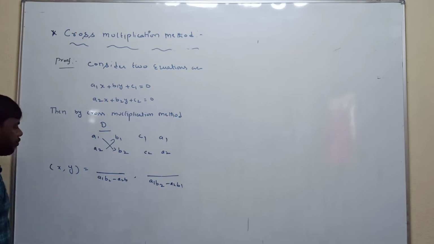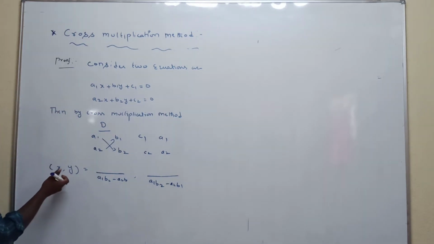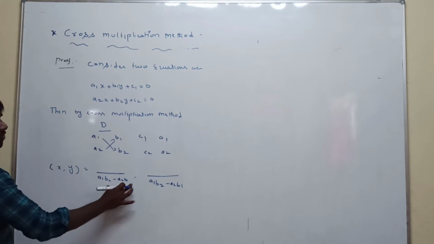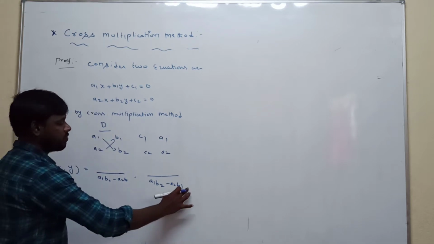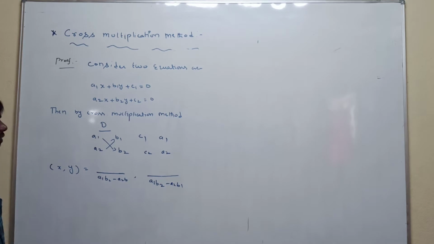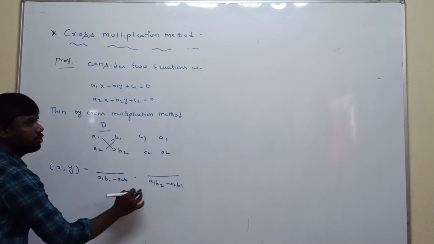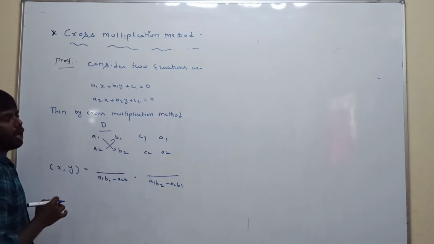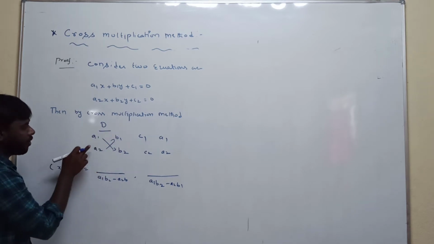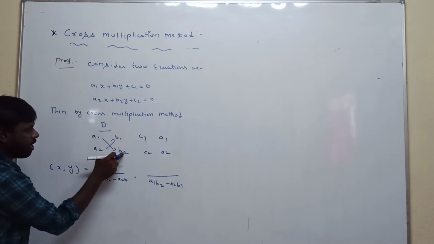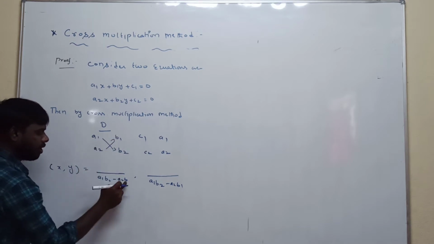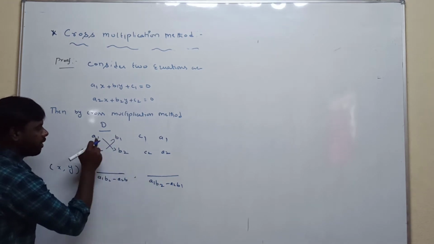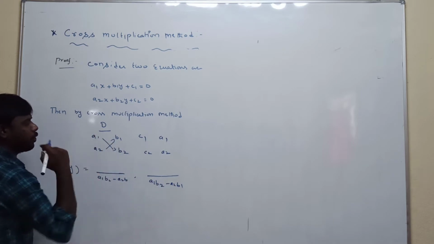Next, we want the x and y values, so we take the coordinate x comma y is equal to this value, which is the x value, and this value, which is the y value. The x and y denominators are both the same. Applying cross multiplication, the denominator is a1 b2 minus a2 b1. The y denominator is the same thing, a1 b2 minus a2 b1.